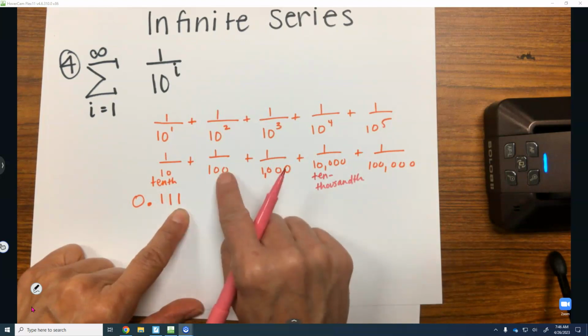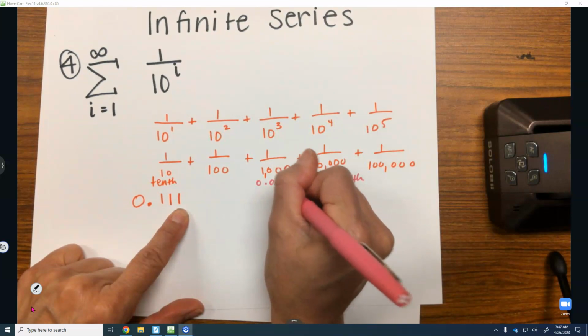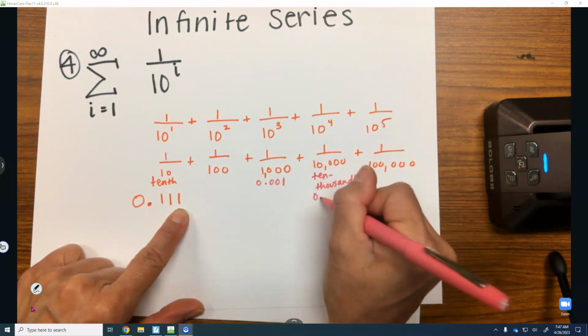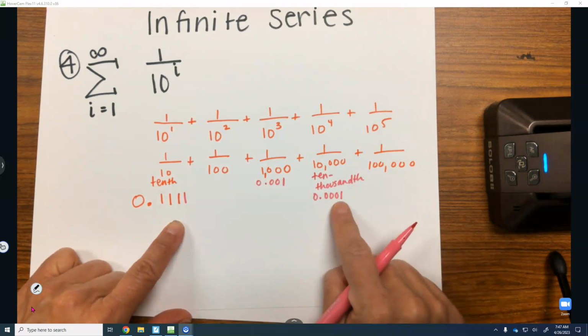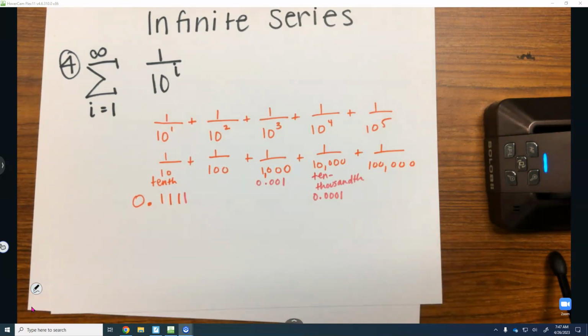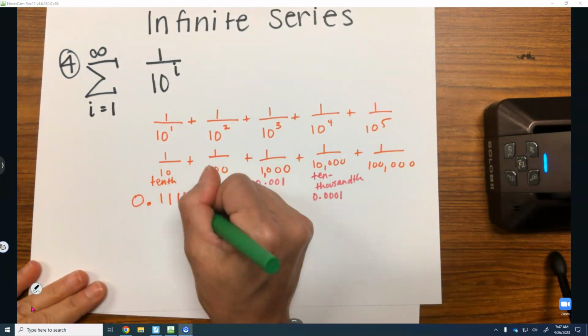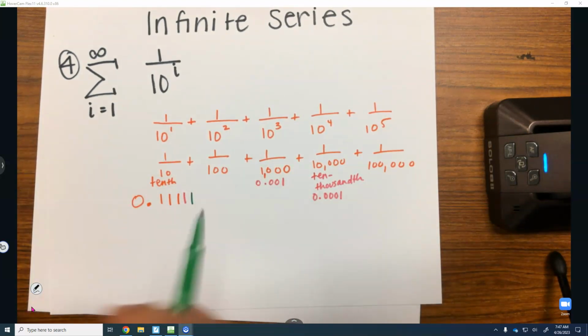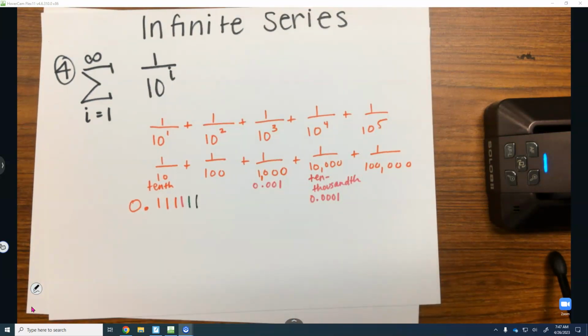So 0.1 plus 0.01 plus 0.001 plus 0.0001. So no matter how many times I add these up, all that's happening are ones. Just keep adding to this. Are there any questions on what this pattern shows?